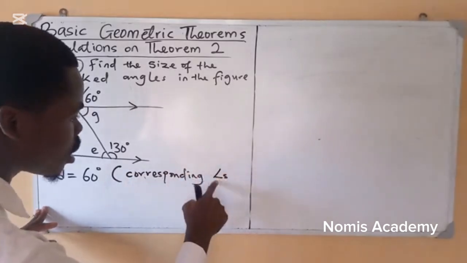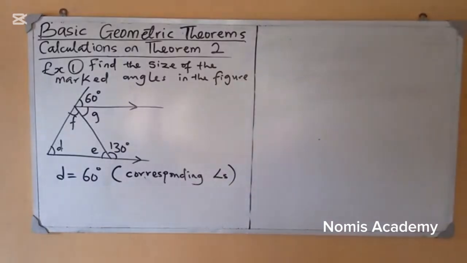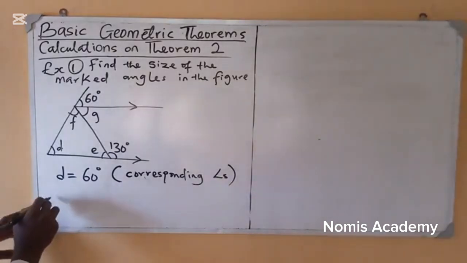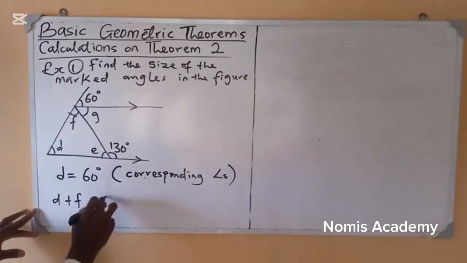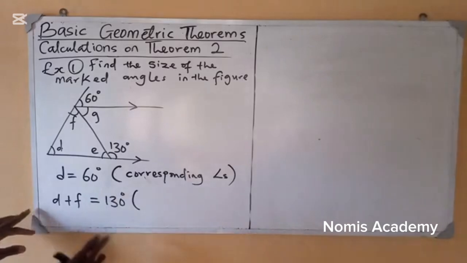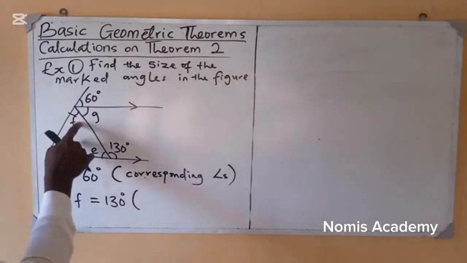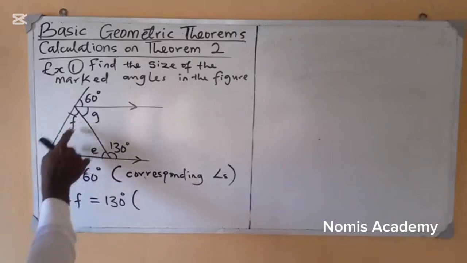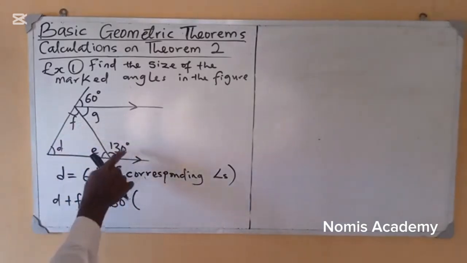So we can use this symbol to denote angles. All right, the next thing to do, we can also say that D plus F is equal to 130 degrees. And what is the reason behind it? That is Theorem 2, that says that the sum of the opposite interior angles is equal to the exterior angle.